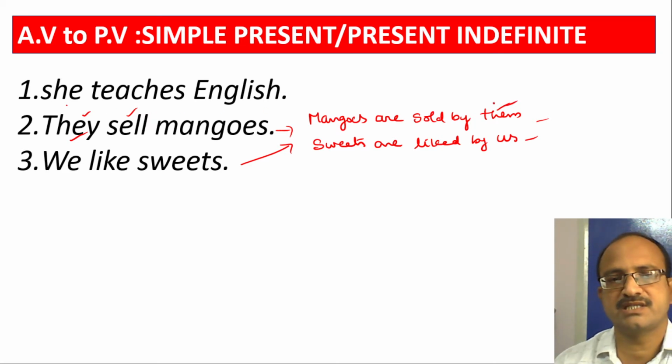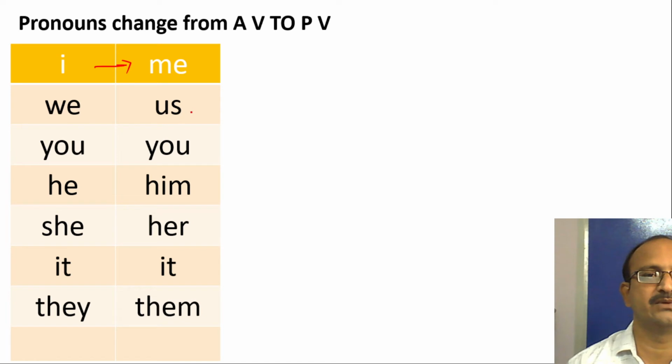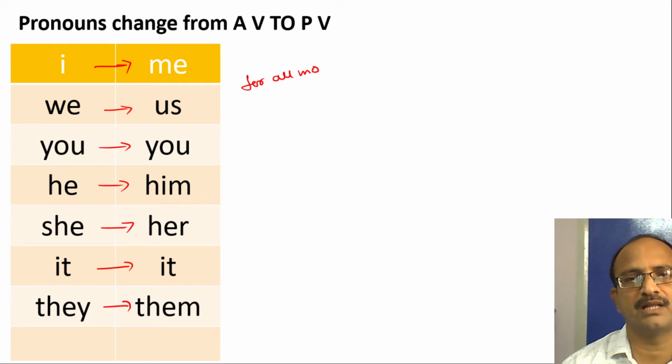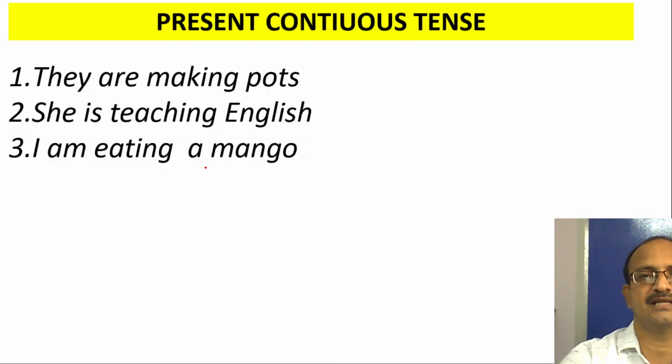According to this table: we turns into us, you no change, he, him, she, her, it no change, they, them. This is applicable for all models.